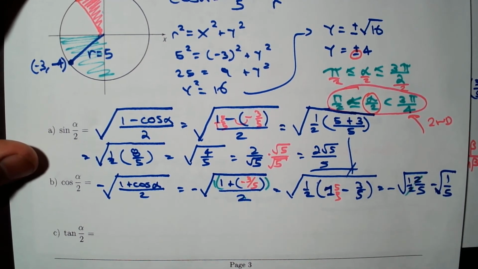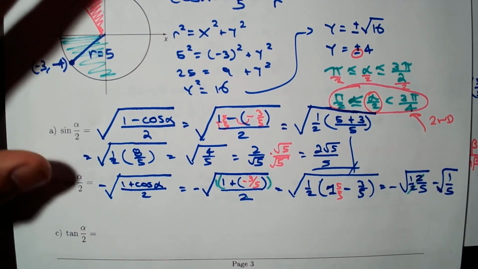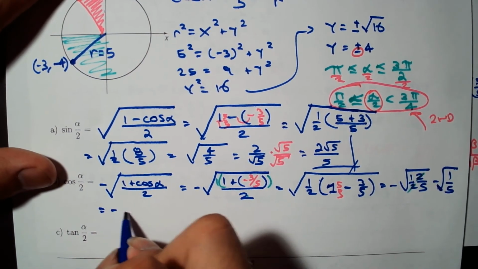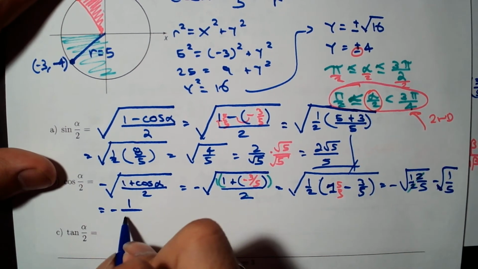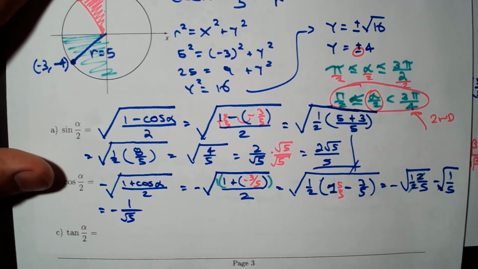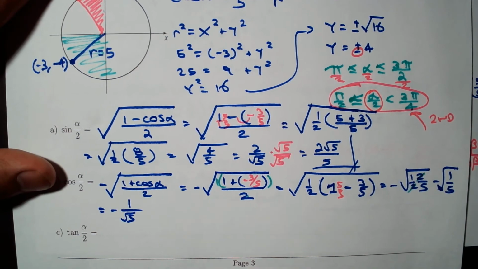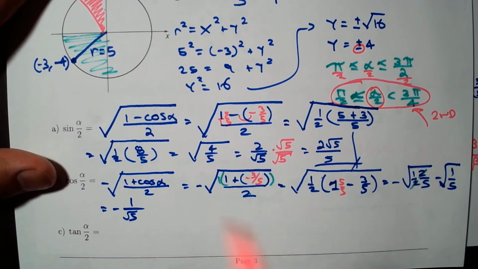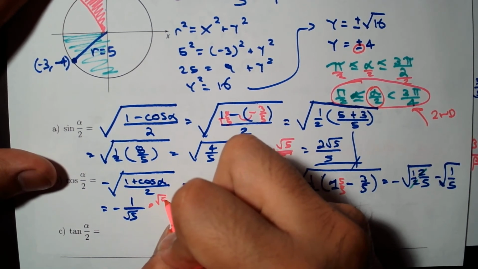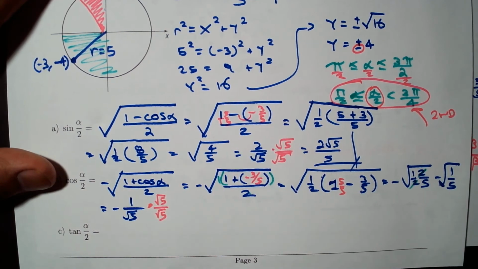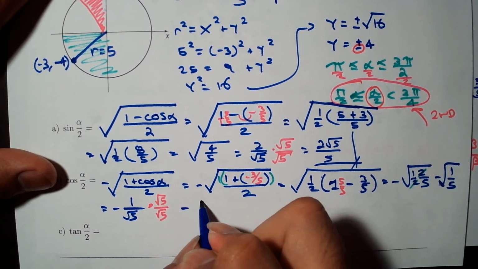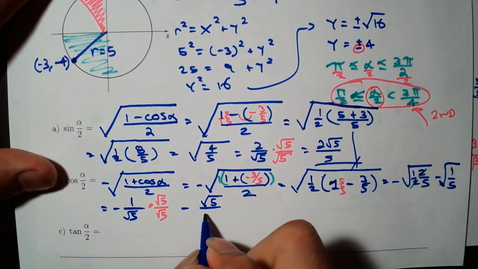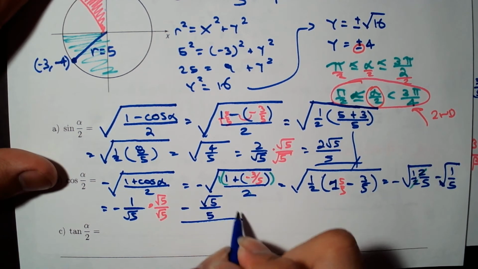We need to simplify this a bit further by rationalizing. That's negative square root of 1, which is 1, over square root of 5. If we rationalize this, multiplying by square root of 5 over square root of 5, it's going to be in the end negative square root of 5 over 5. Final answer.